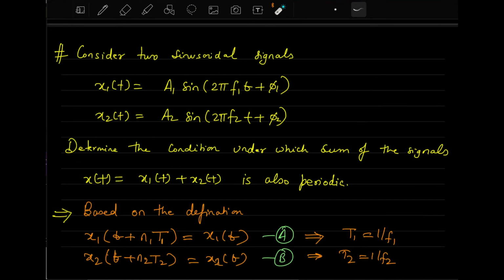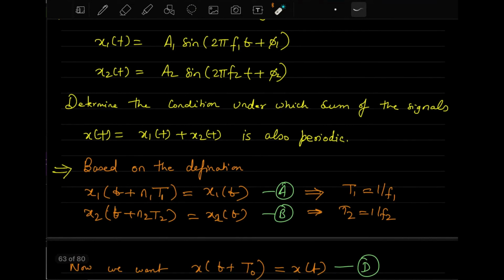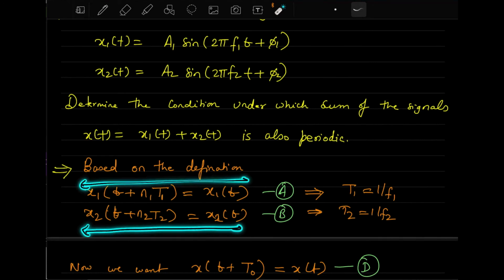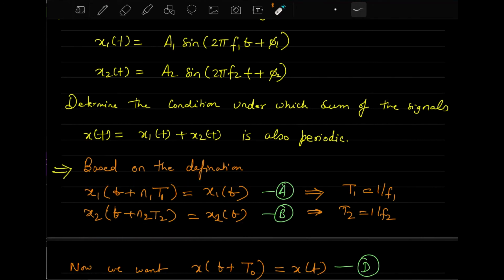Recall that based on our definition of periodicity, if we apply it on individual x1 and x2, we will get something like this. This is the simple definition of periodicity. So x1(t plus n1 T1) equals x1(t), and x2(t plus n2 T2) equals x2(t).